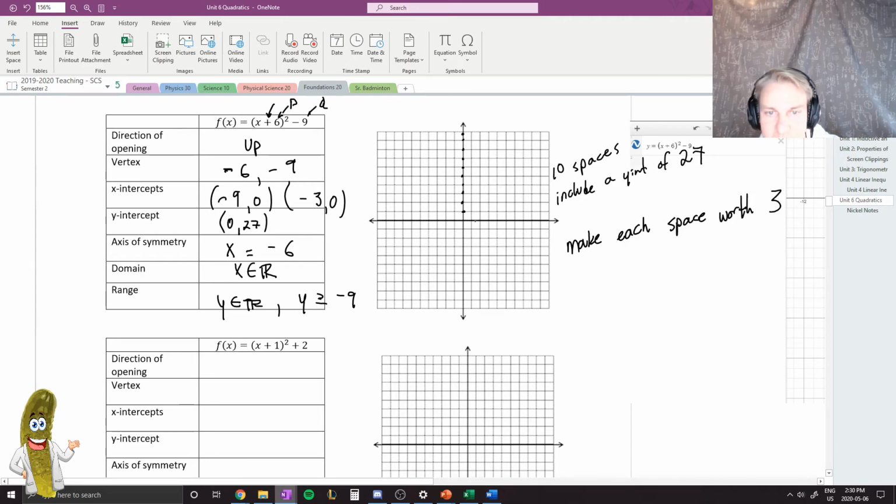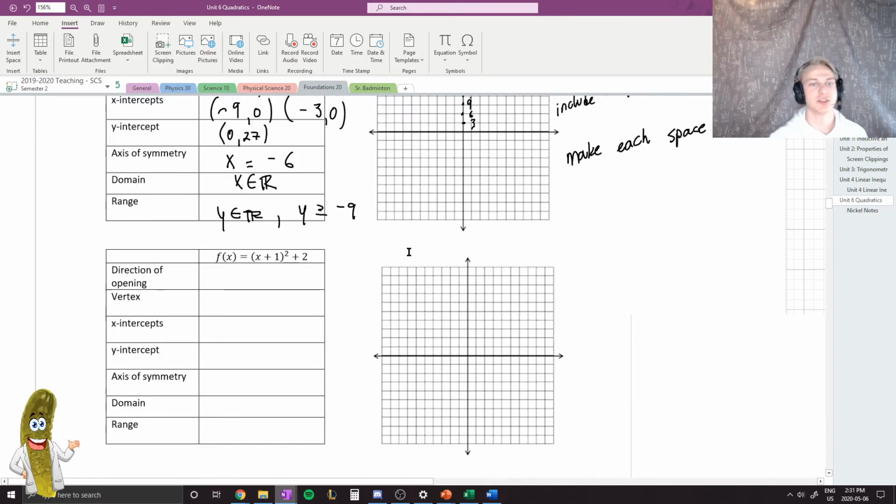That would mean this first point would be 3, 6, 9, 12, 15, 18, 21, 24, 27, and then this last point here would be 30. And so then you would be able to fill in all of the appropriate points to show that you know what your y-intercept is. And then I would also do the same along the x-axis, making each point worth 3. So that's just a notation thing for you to be aware of.